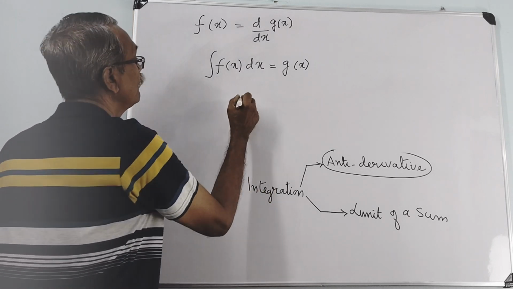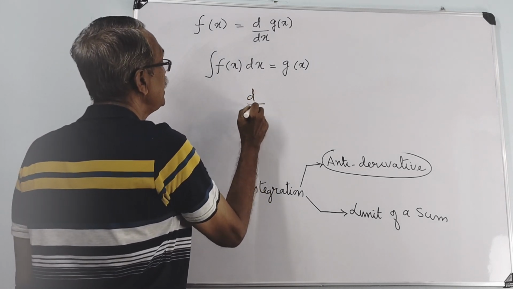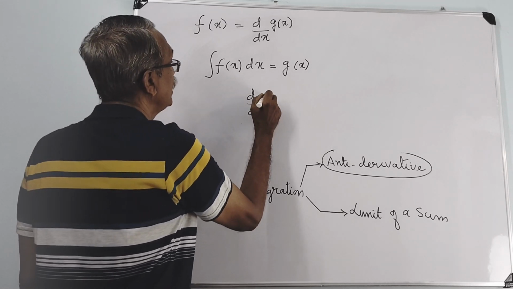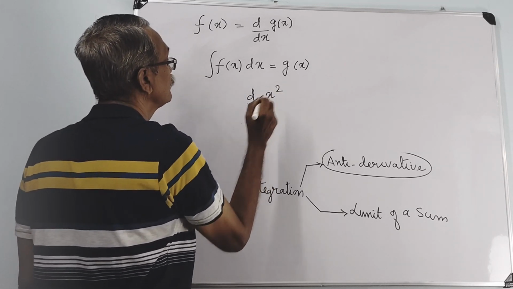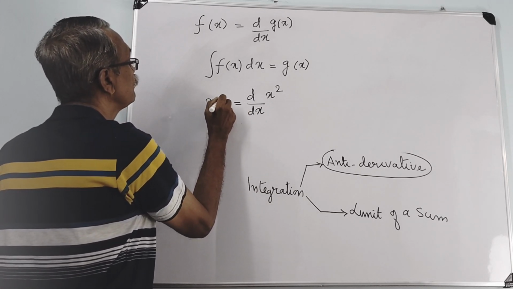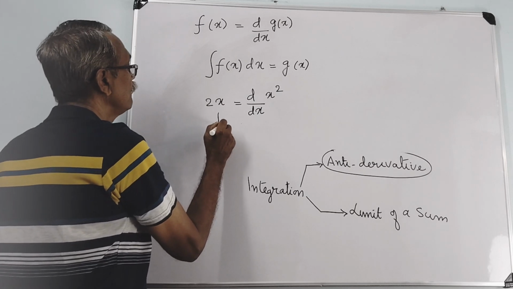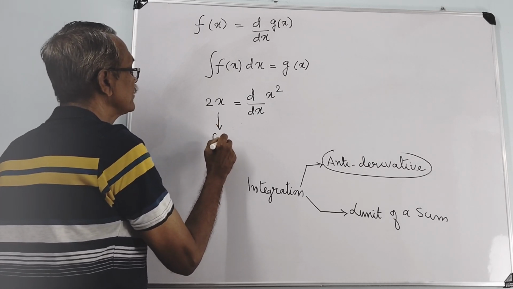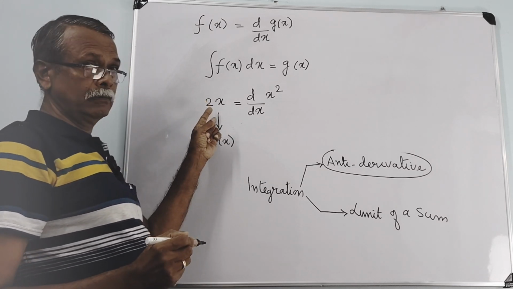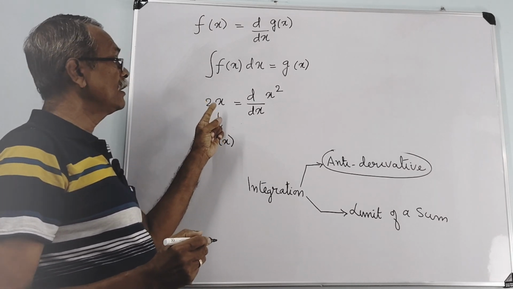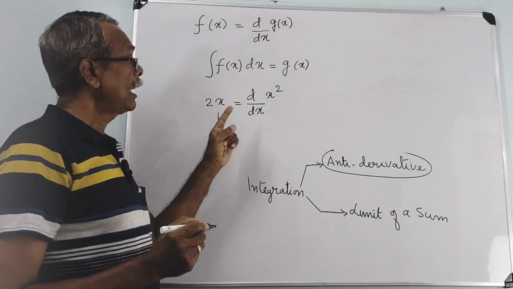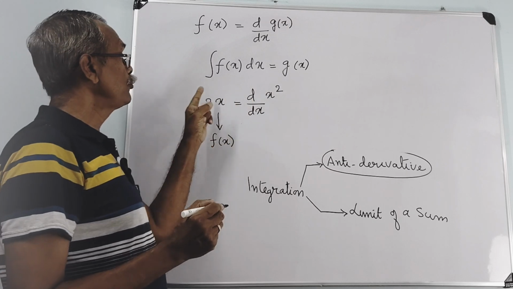For example, we know that d by dx of x square is equal to 2x. Therefore, we can write this 2x as f(x). If 2x is given, we can say that the integral of 2x is x square. And the derivative of x square is 2x.